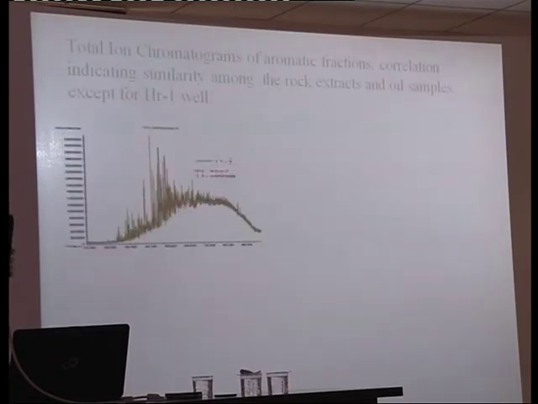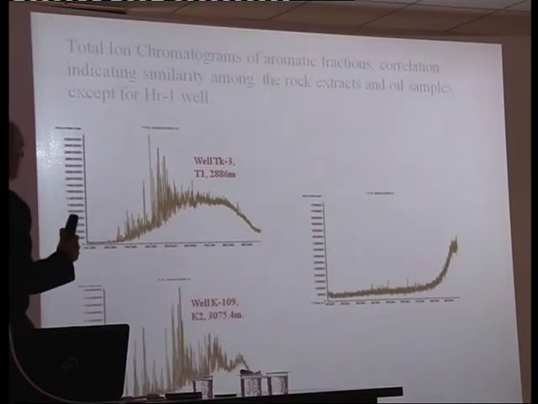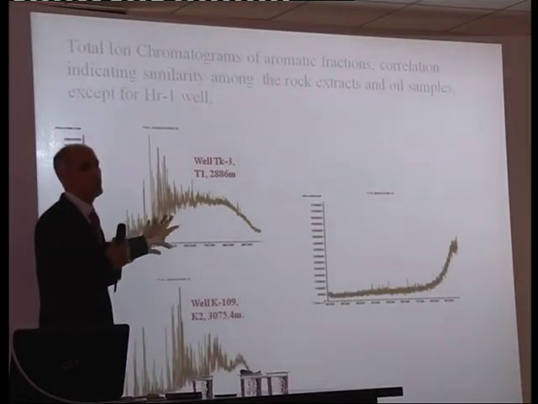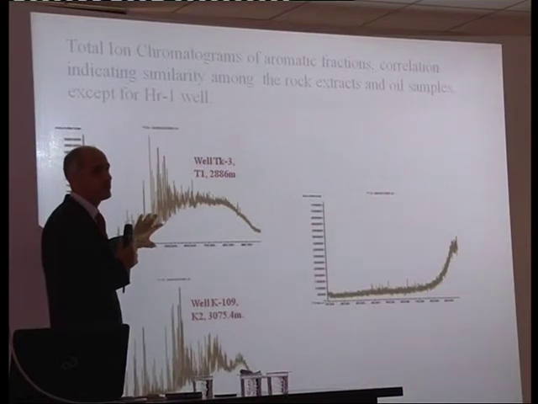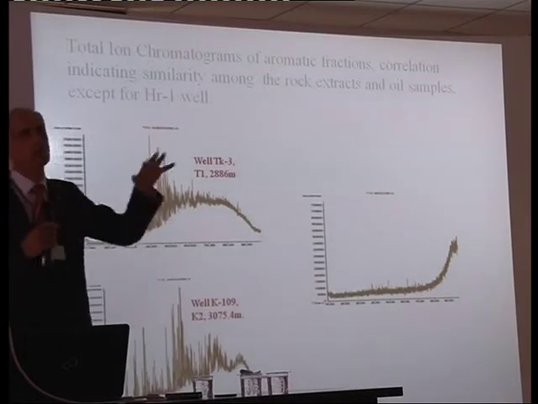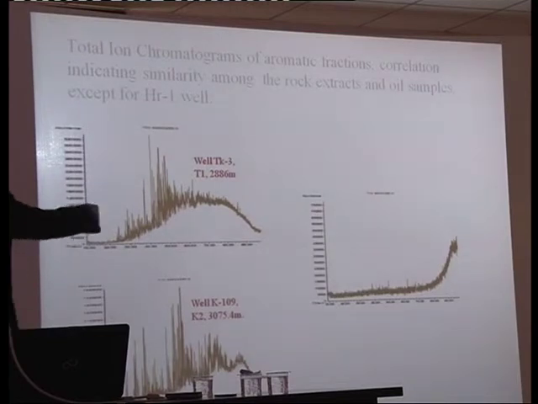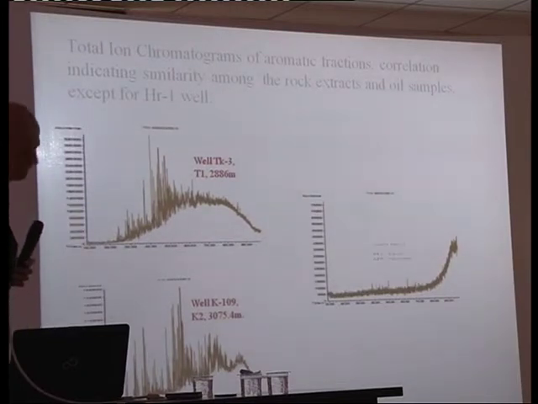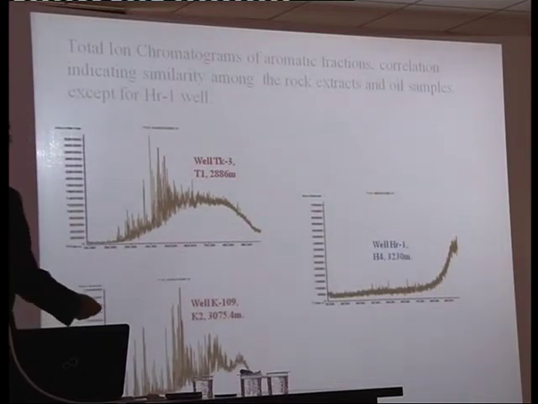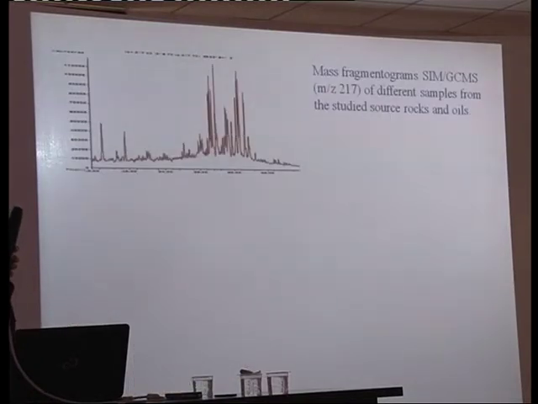Total aromatics also. I put this just for comparison. We have some problems with the aromatics. They need more work, because we have a hump here, an unresolved complex mixture. But in the Hameen we see different aromatics or very few aromatics.